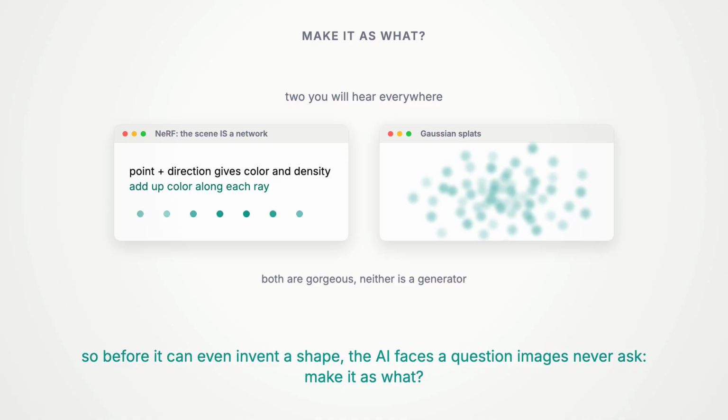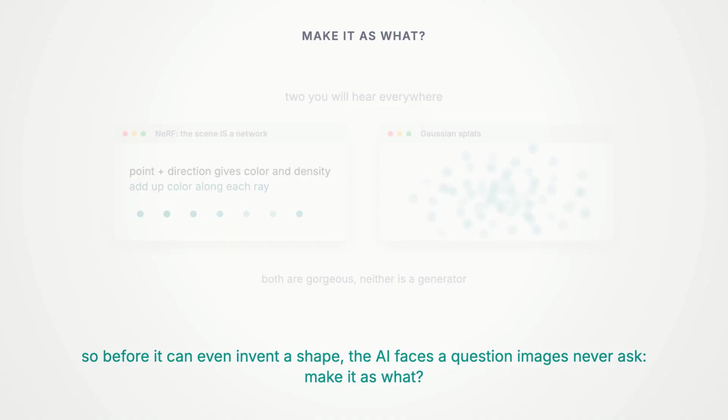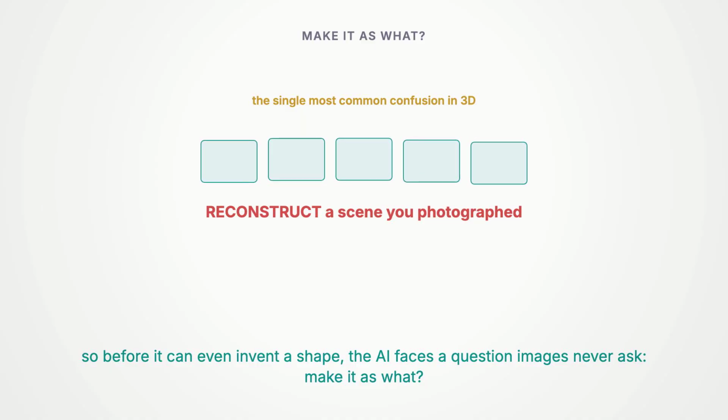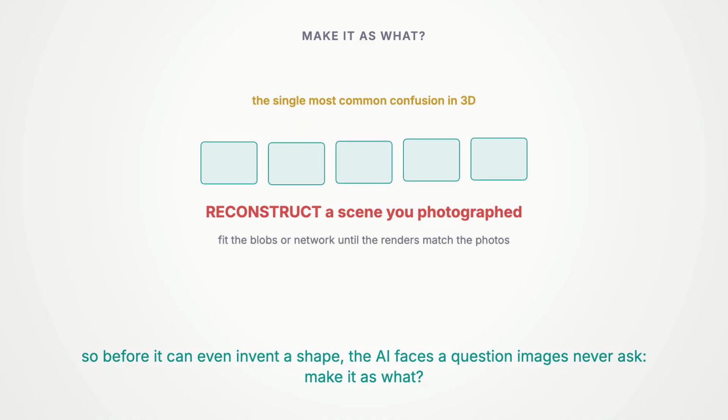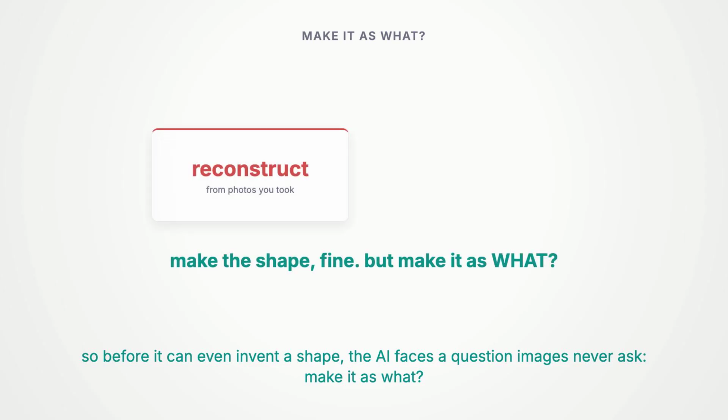They do not invent anything. They are how you reconstruct one real scene that you already photographed from many angles, fitting the blobs or the network until the renders match your photos. That is a different job from inventing a chair that never existed, which is the job we are actually here for. Reconstruct from photos versus generate from nothing are 2 different problems, and people mix them up constantly.